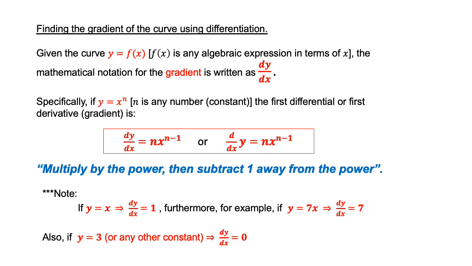So we know without any of this differentiation that the gradient is 1, but it still works. dy by dx is 1 because y equals x is the same as x to the power of 1. So I times by the power, I take 1 away from the power, so it becomes x to the 0, and anything to the power of 0 is 1.